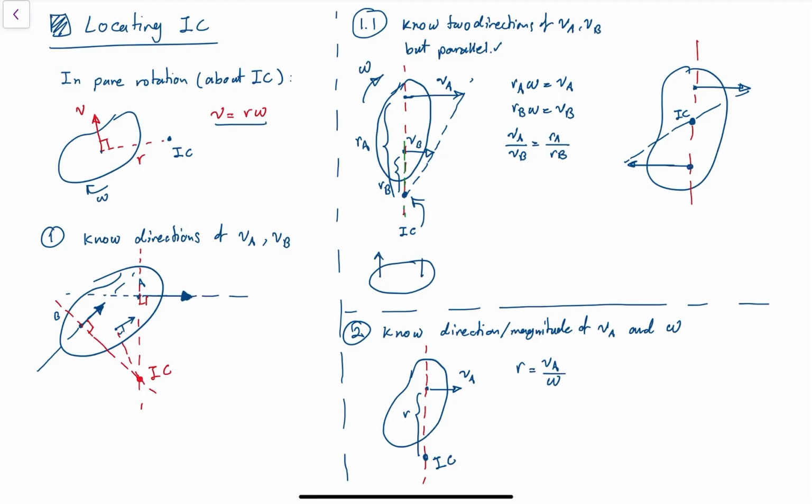It means all points undergo the same motion. All of the points move with the same velocity.